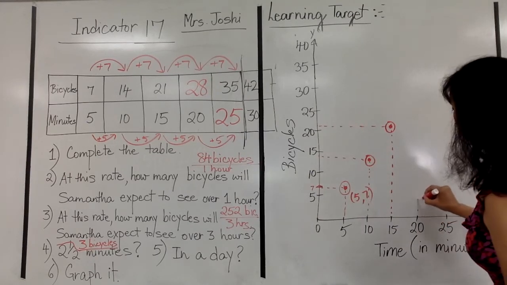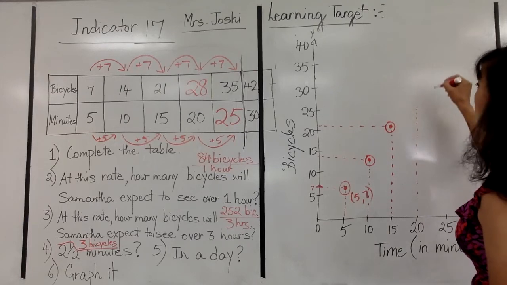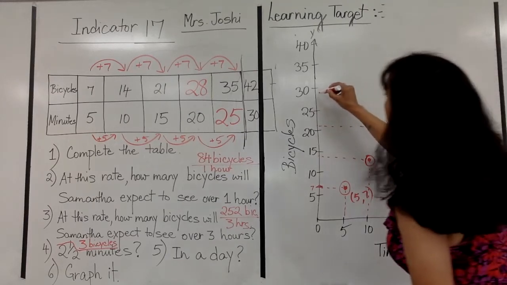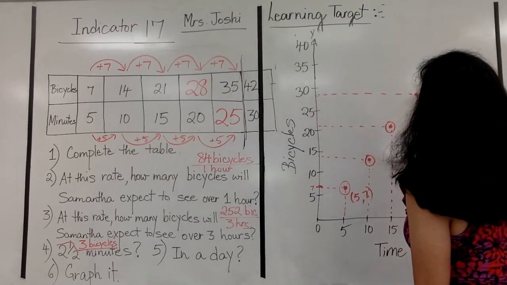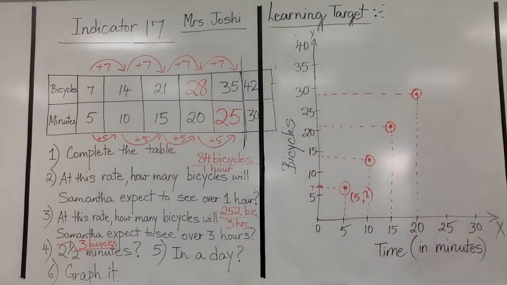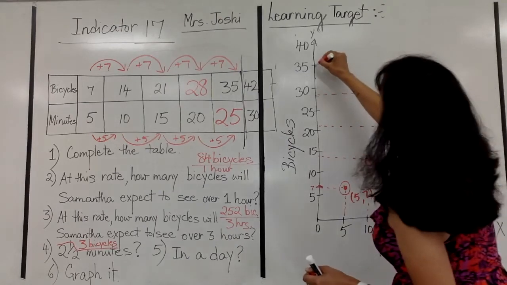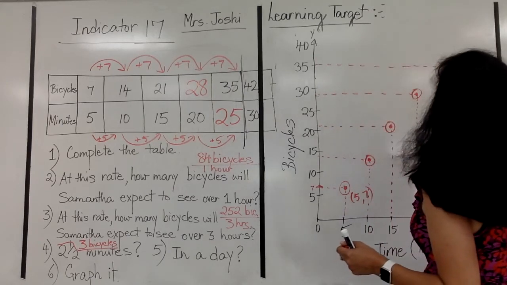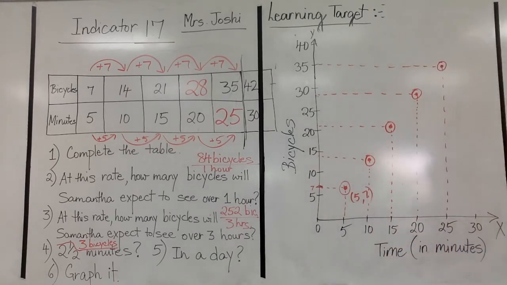Okay, 20 minutes, again you go up, and we have 28, which is about here. And so this is where it meets. And then 25 minutes, and this is 35. So this is where it meets. So this is how they are meeting.